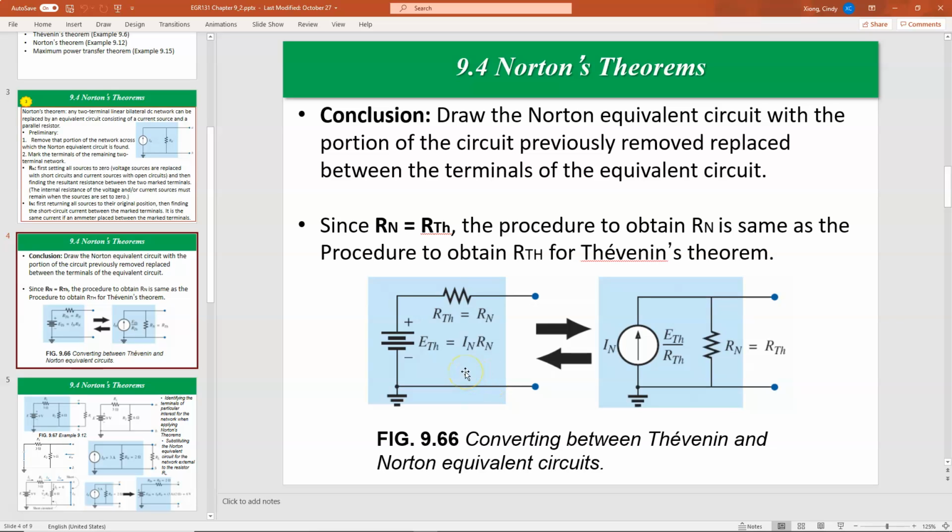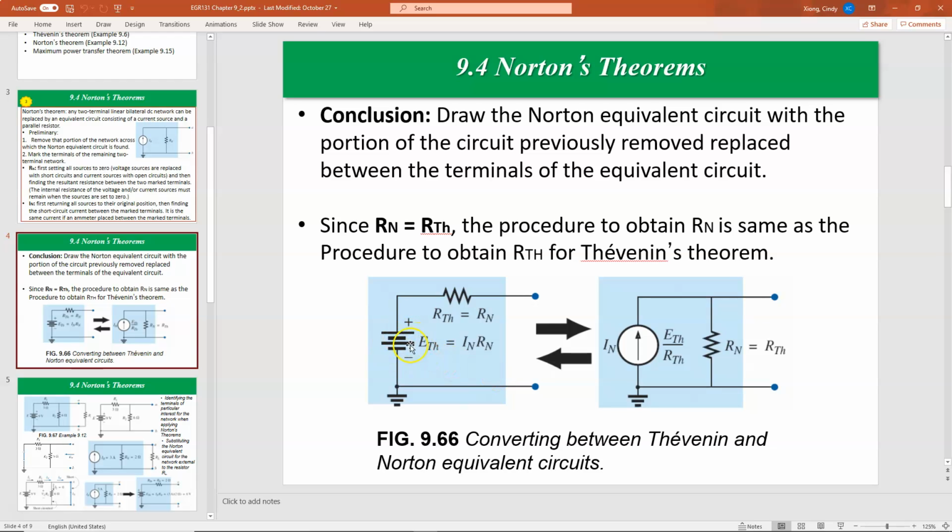So for one circuit, we could find both the Thevenin equivalent circuit and the Norton equivalent circuit, and you could find that these two equivalent circuits are actually related by source conversion.